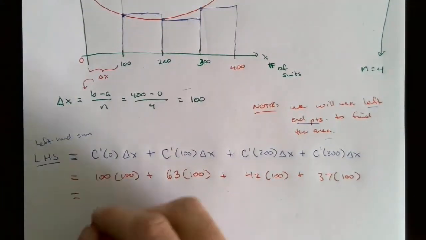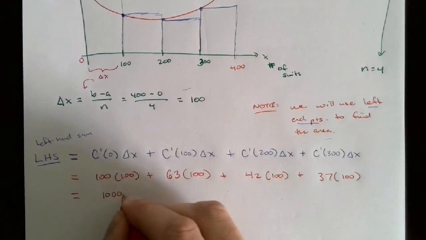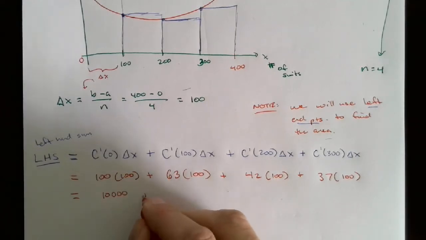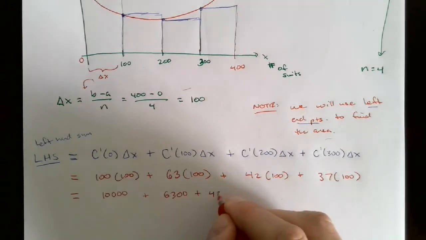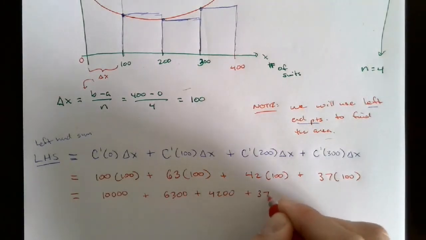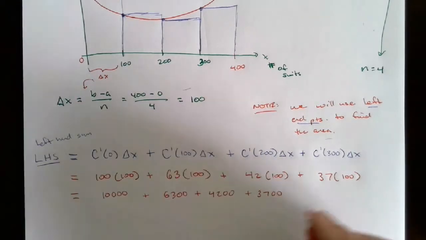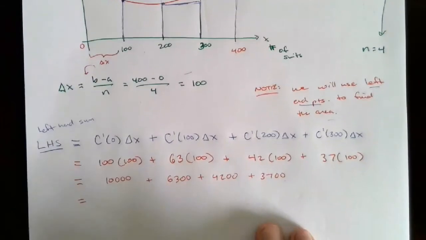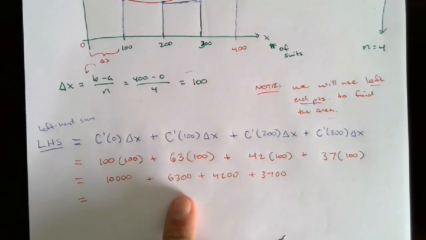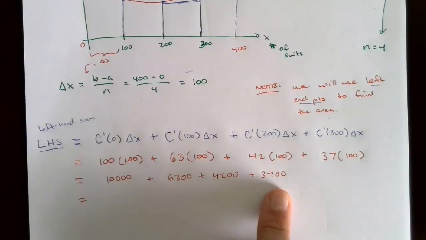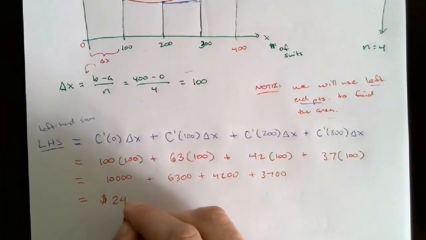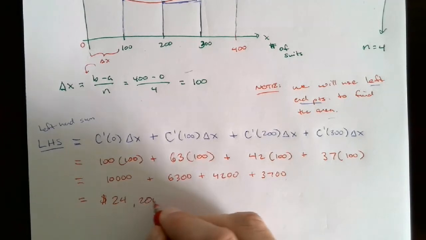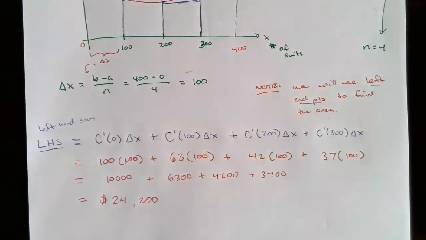We're going to have 100 times 100 is 10,000, plus 6,300, plus 4,200, plus 3,700. Adding those up, you should get $24,200.